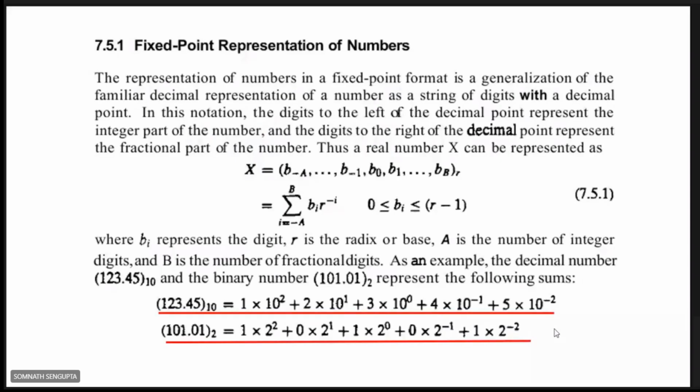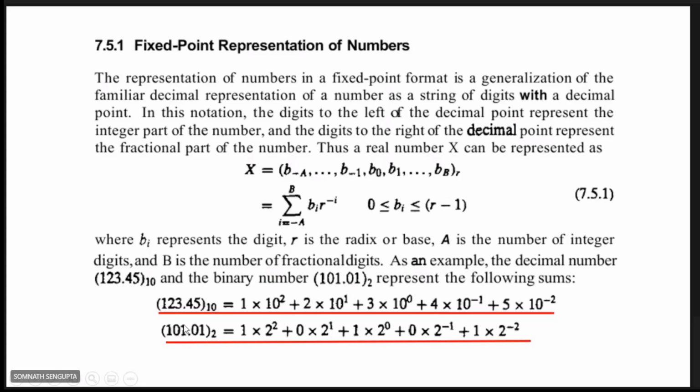Okay. You see that I am not going into the mathematical equation. It's simply any number. Okay, you see that two examples are given. Let us say it is 123.45, and it is a decimal number.